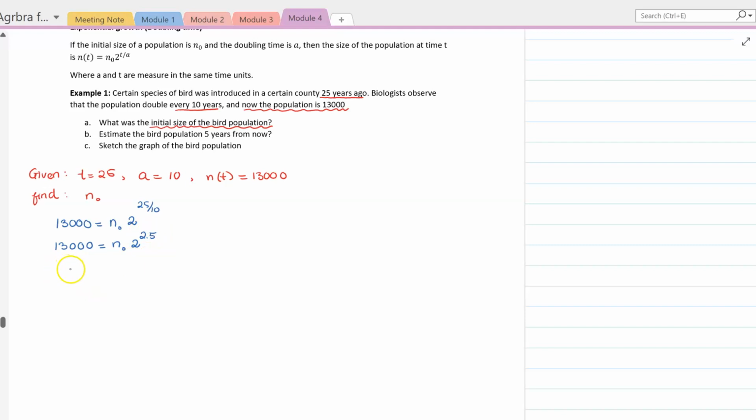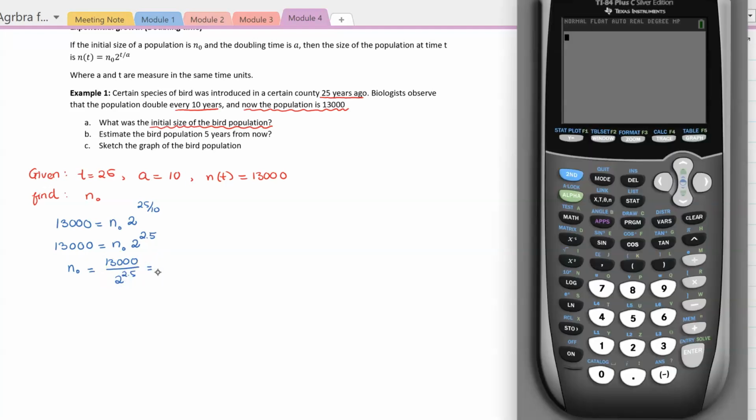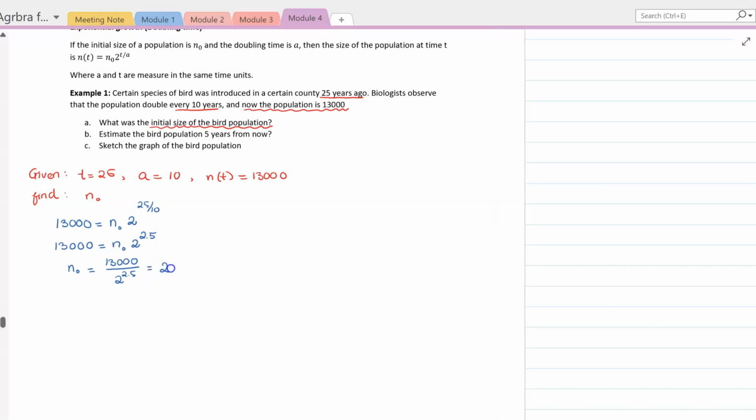So here we can see that n0 is equal to 13,000 divided by 2 to the 2.5, and that is 2,298. So in the beginning, we have approximately 2,298 birds.